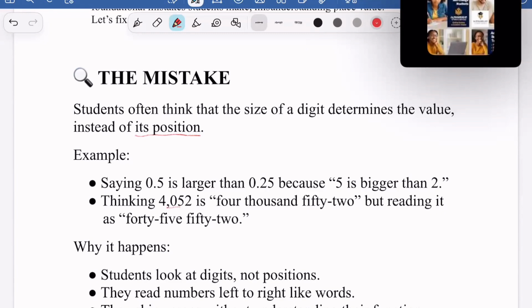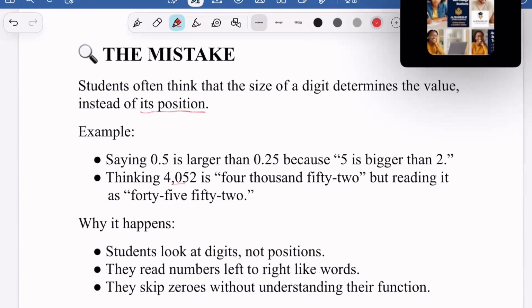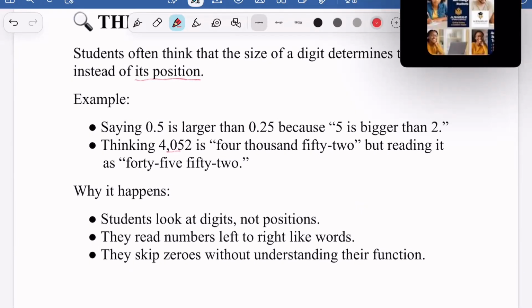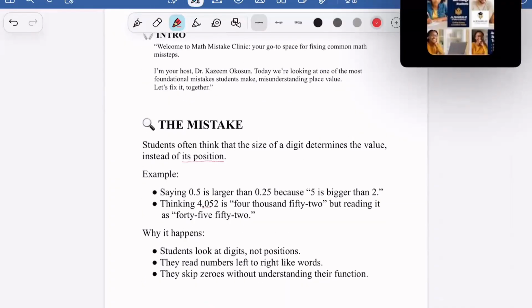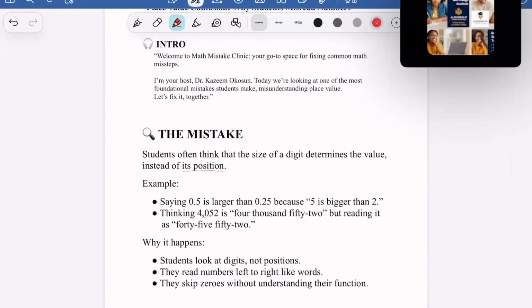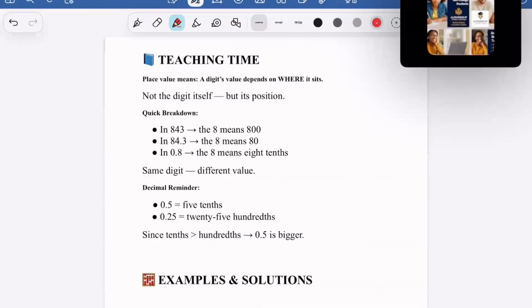Most times they skip zeros. Why does it happen? Students look at digits, not positions. They read numbers left to right like words. They skip zeros without understanding the function of that zero.